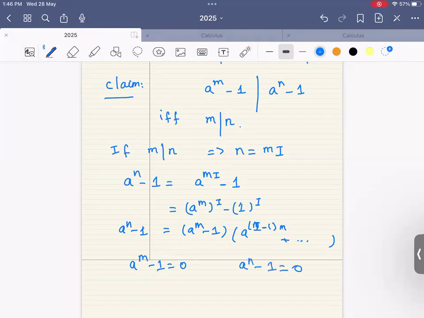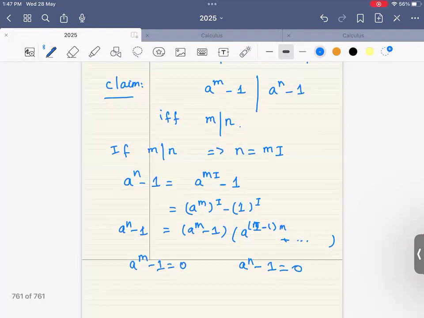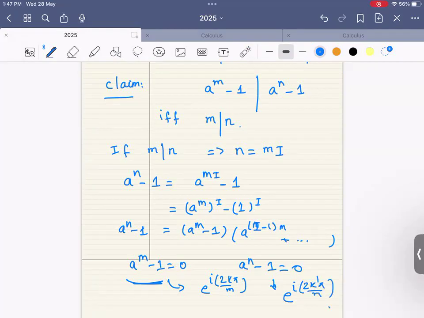Because you're saying that this number divides that number, so all the roots of this must be contained in this. Typically, a root of this equation will look like e to the power i 2k pi by m, and a root of this equation would look like e to the power i 2k dash pi by n, right?